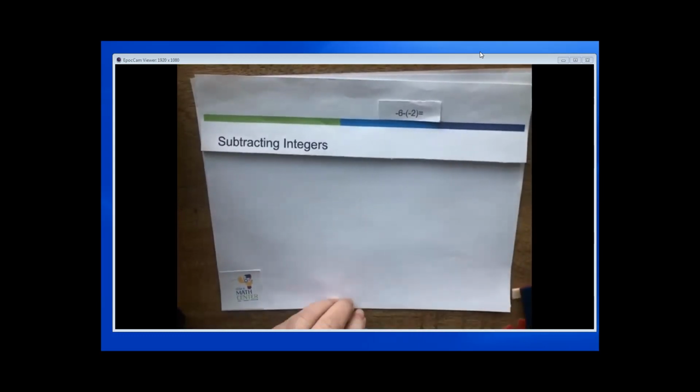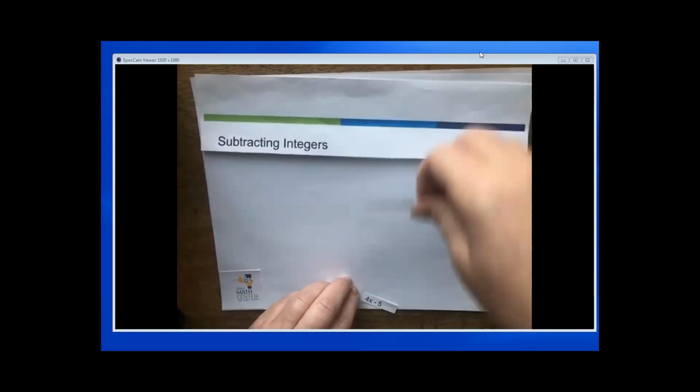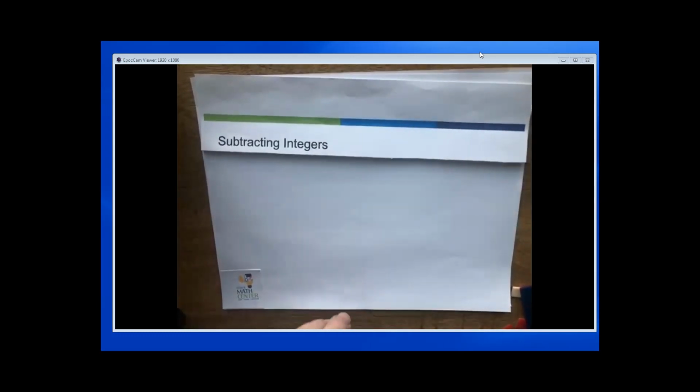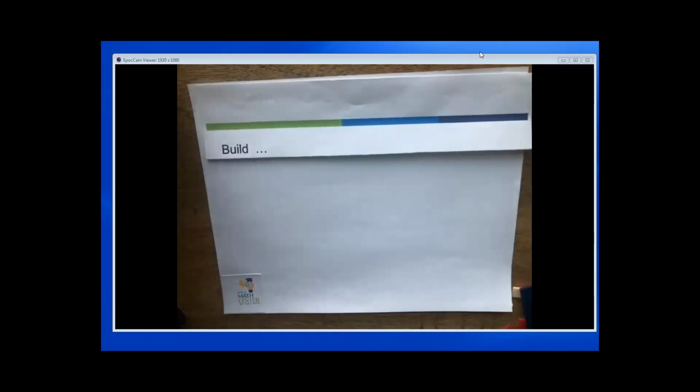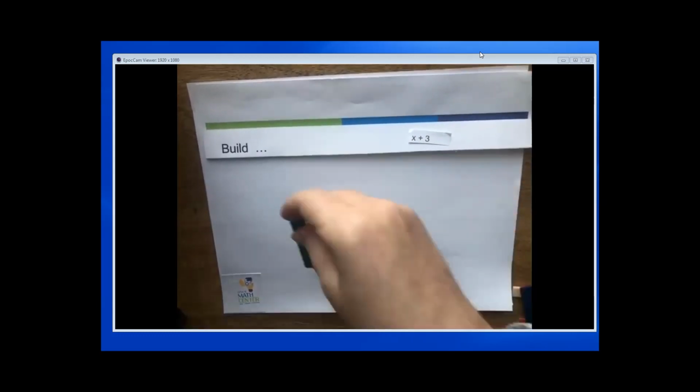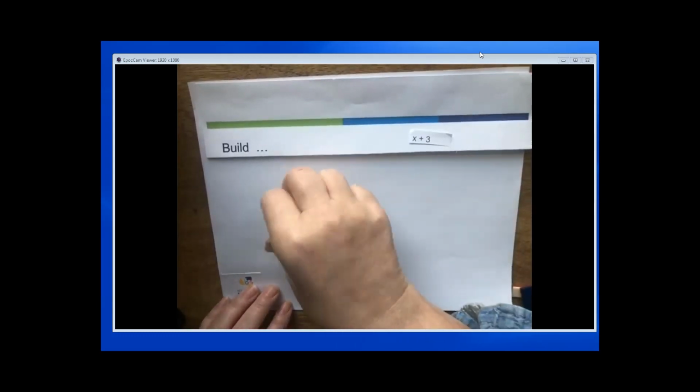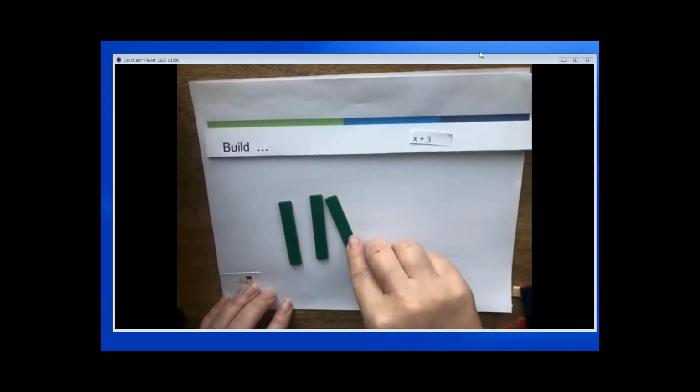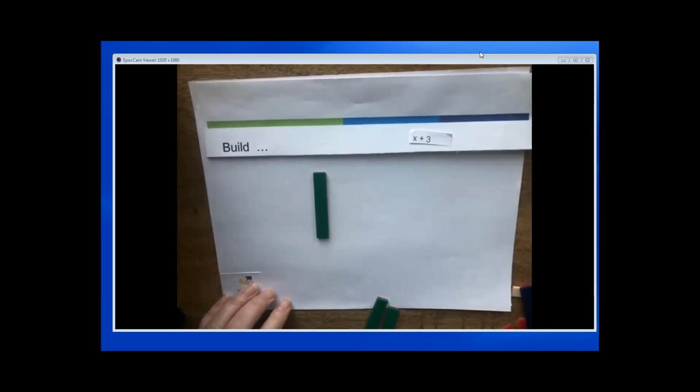Okay, let's look at this one. Actually, let's move on. Let's go to building. Let's just build some simple expressions. x plus 3.